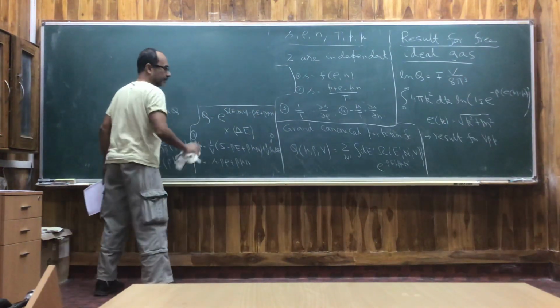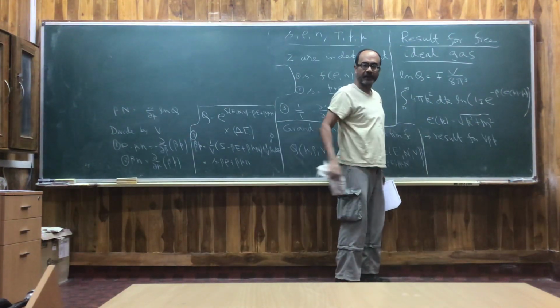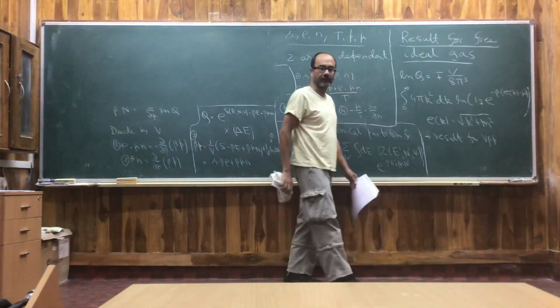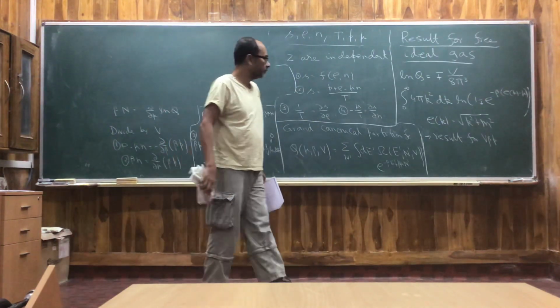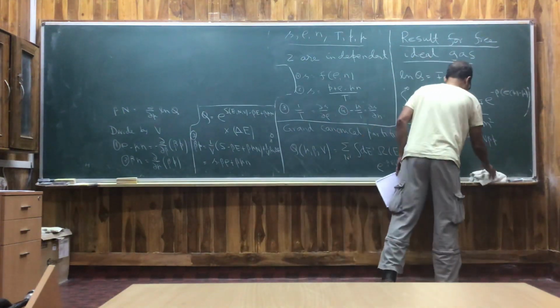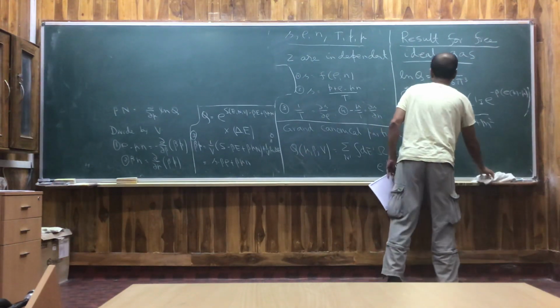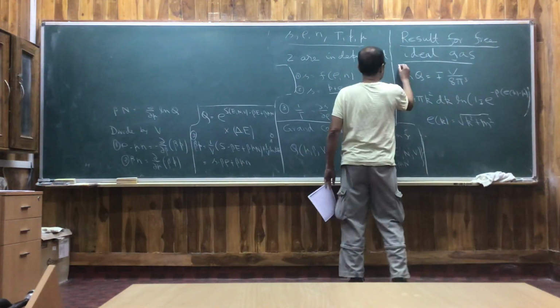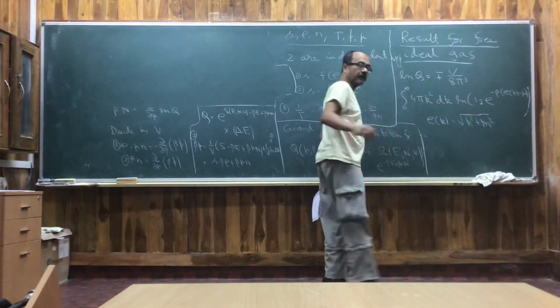You have to do some counting of states, but that counting is much easier than counting in the microcanonical ensemble. So what is the result for V beta P? This is because log Q is V beta P. That's what you are calculating.